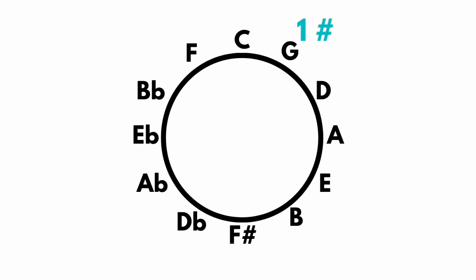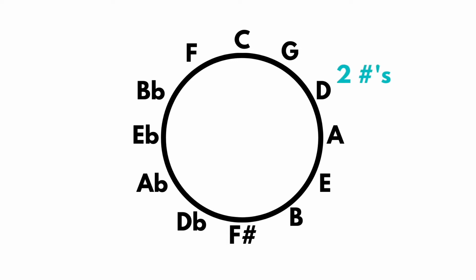So in this case, for G major, we know that there's one sharp, so we will count 1 starting with F. So 1. We now know that F is sharp in the G major scale, so there is an F sharp in G major.